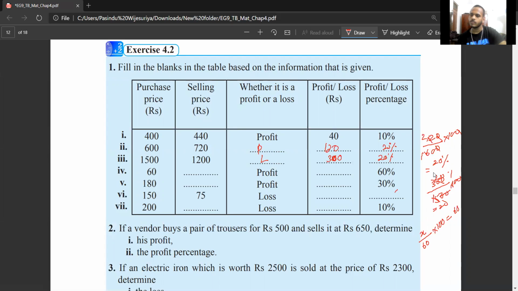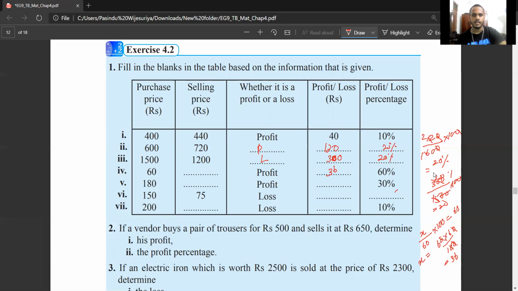So what you do is you keep the x here, then 60 into 60 divided by 100 is going to be the selling price. So 36. So this part, the 36, is the loss.